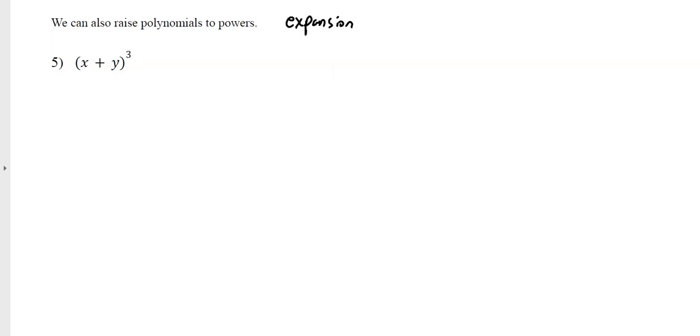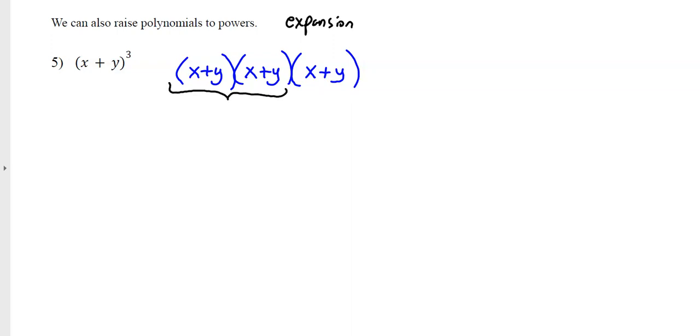So if I'm going to do this by hand, I'm going to have to multiply this out times itself 3 times. So I'm going to have x plus y times x plus y times another x plus y. And you can't really do all 3 of these at once, so you have to break it up. So I'm going to first do just the first 2 together, and I'm going to work that out.